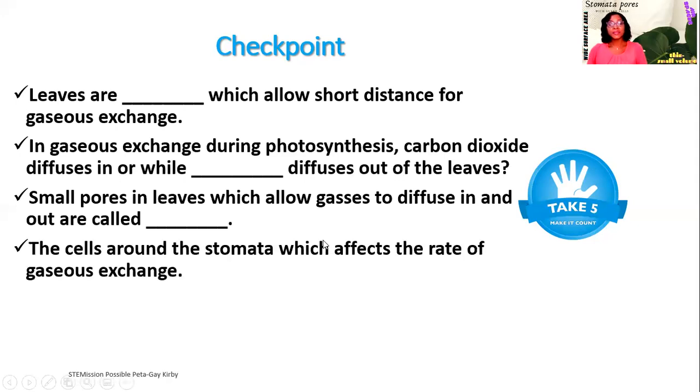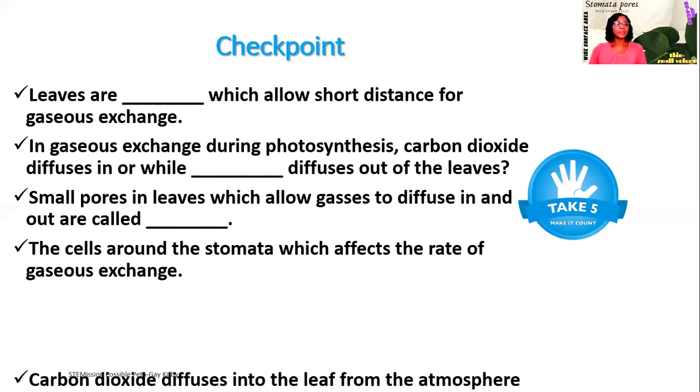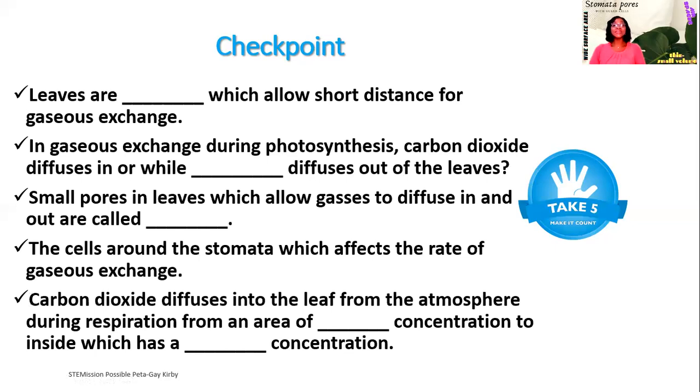The cells around the stomata, which affect the rate of gaseous exchange, what are these called? Carbon dioxide diffuses into the leaves from the atmosphere during photosynthesis from an area of dash concentration to inside, which has a dash concentration. Let's check your responses.